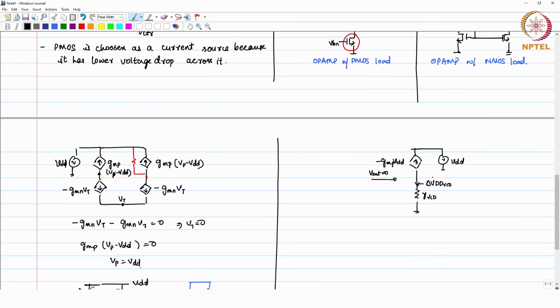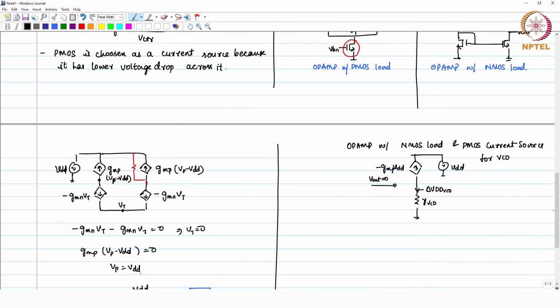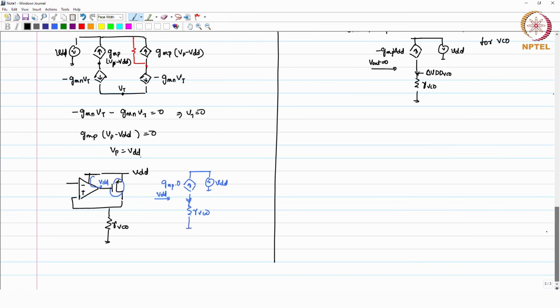Okay. So, for op-amp with Nmos load, you have supply noise with Nmos load and Pmos current source for Vco. You have supply noise which leaks through the current source and it does not get rejected effectively. So, there are options which you would like to use. If I just list, there are 4 options.